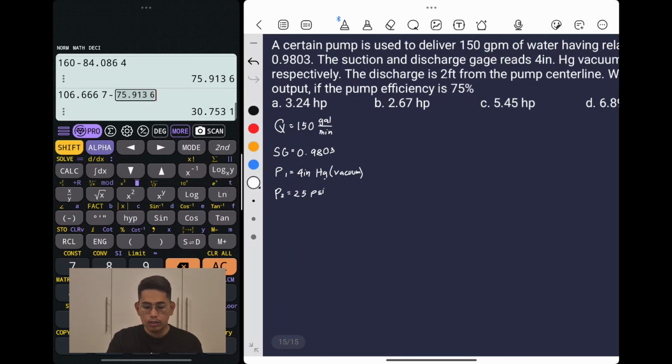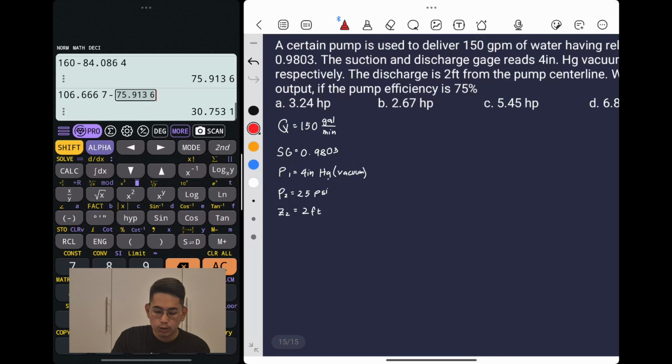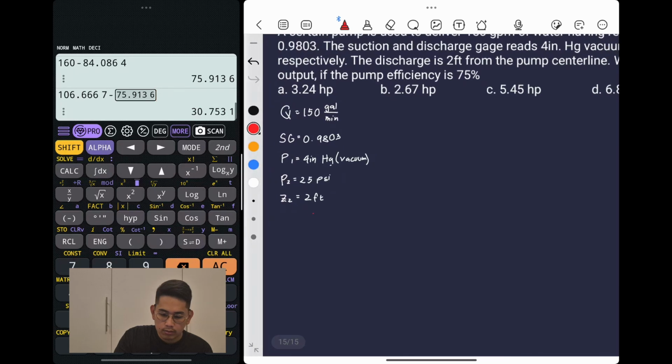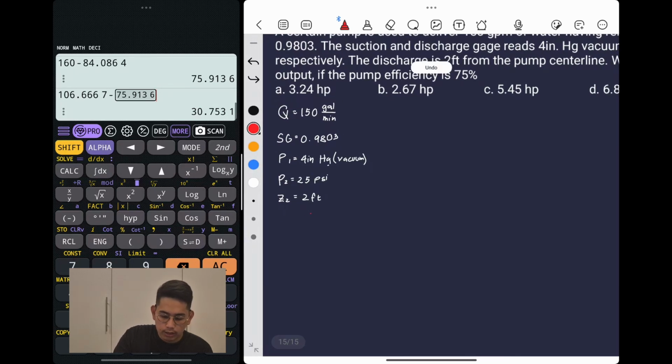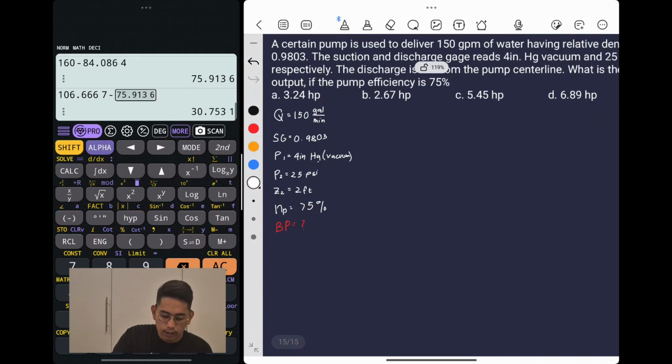So, the discharge is 2 feet from the center line. Sa discharge naman, ang elevation natin is 2 feet daw from the center line. Ang pump efficiency daw pala natin is 75%. Ang hinahanap naman is the motor power, motor output, which is the BP or the brake power.